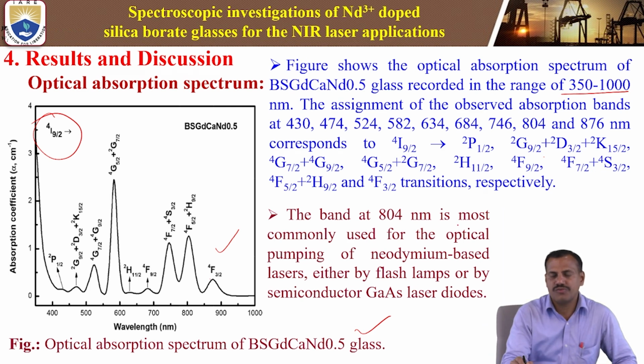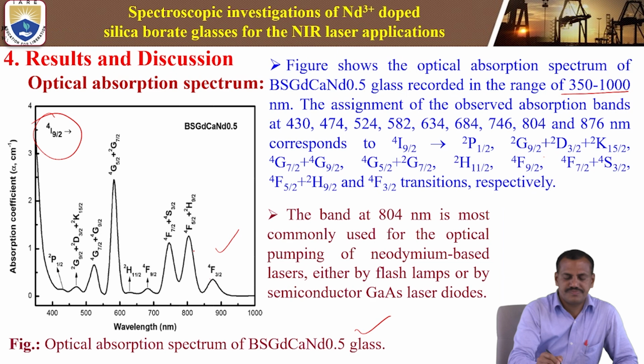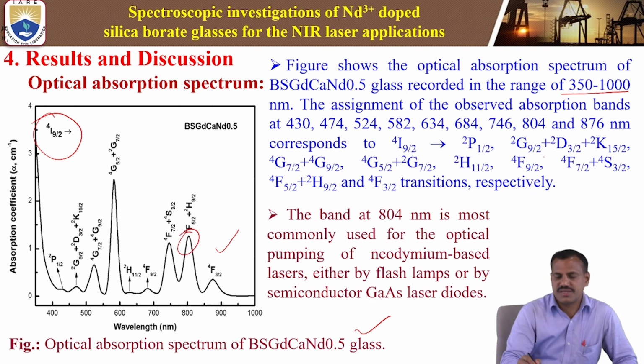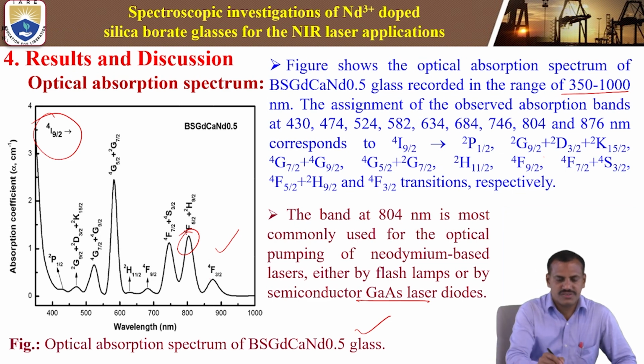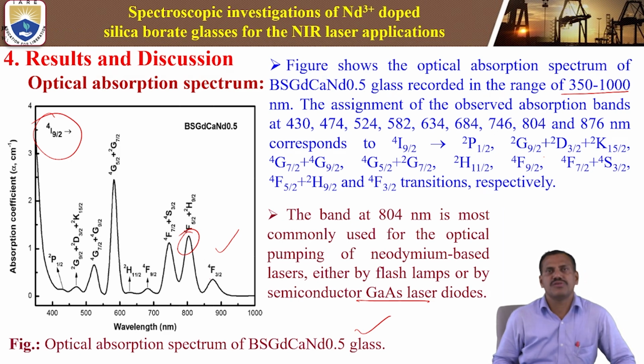The band at 804 nanometers is commercially the most commonly used for the optical pumping of neodymium based lasers, either by flash lamps or by semiconductor gallium arsenide laser diodes. So this is the important band for pumping Nd3+ doped laser glasses.